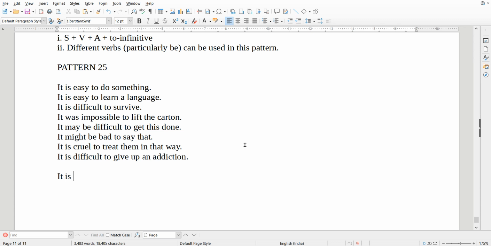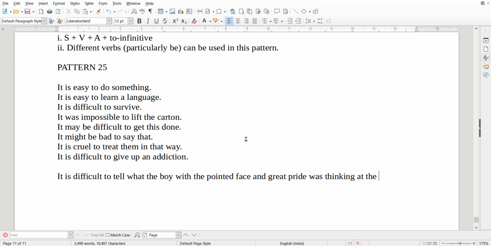It is difficult to tell what the boy with the pointed face and great pride was thinking that time. Now if you can understand this sentence, it's talking about now. It's difficult now to tell. Now it's difficult to tell what the boy does.